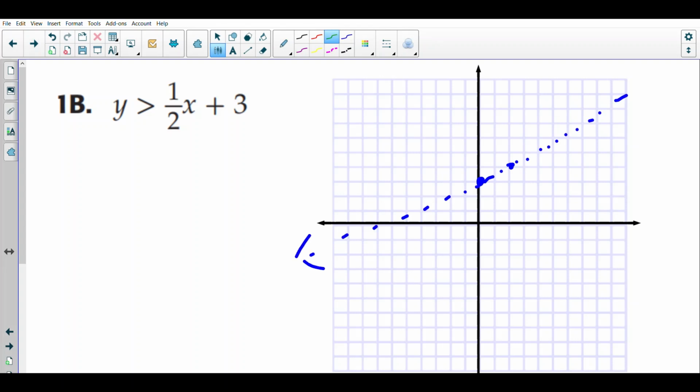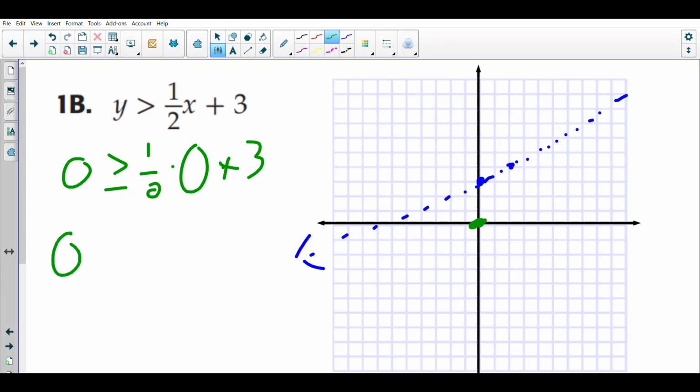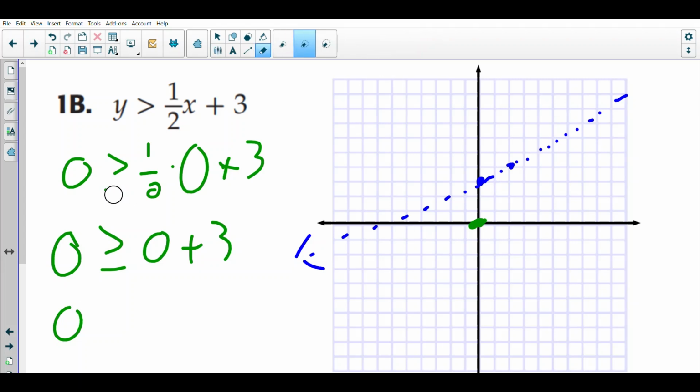Okay, and now I'm picking my point, 0, 0 right there. That's my test point. Okay, so I'm plugging in 0 is greater than 1/2 times 0 plus 3. So now I get 0 is greater than 0 plus 3. I don't know why I wrote the or equal to in there. Kind of got in a habit there. It's greater than 3. Is 0 greater than 3?